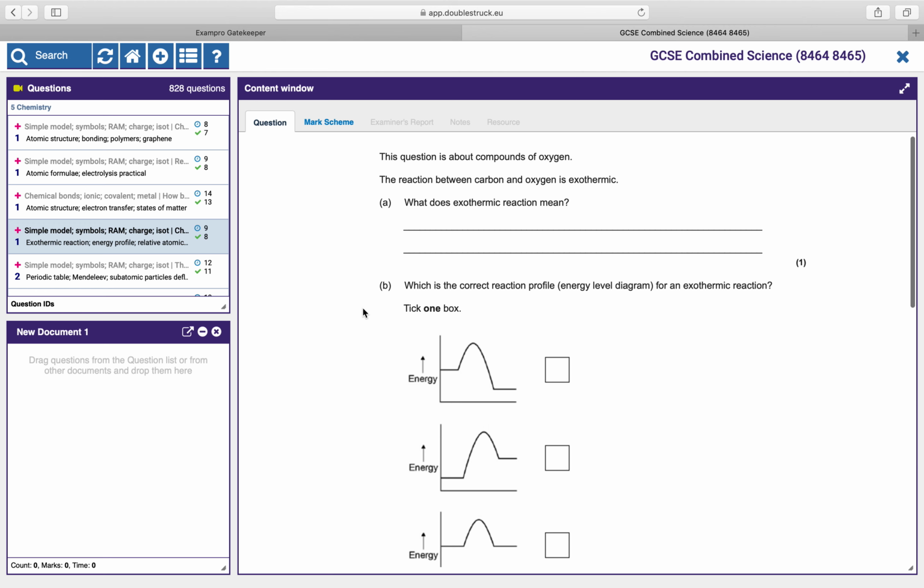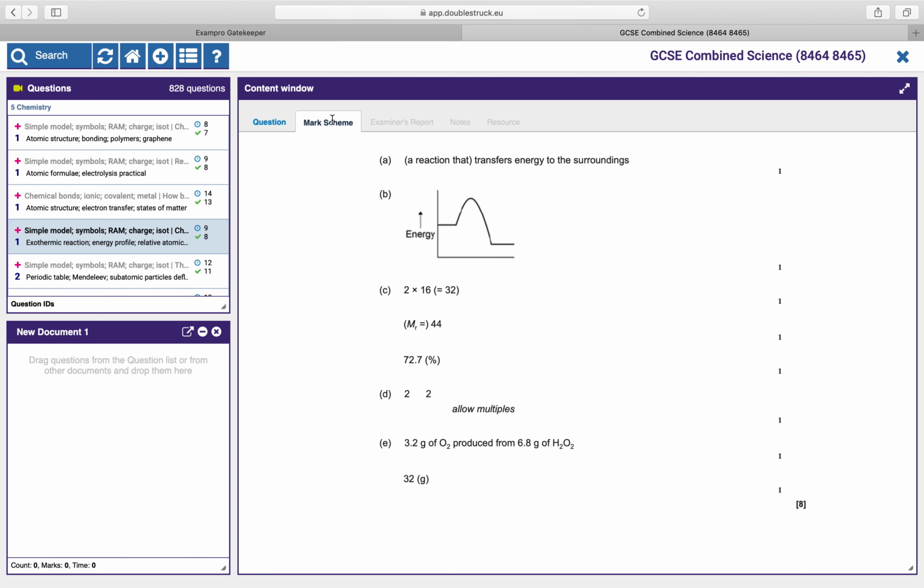Okay, so this question is about compounds of oxygen. So the reaction between carbon and oxygen is exothermic. What does exothermic reaction mean? Exothermic reaction, it gives out energy. Now it tends to give out heat energy, but you can see, it gives out energy.